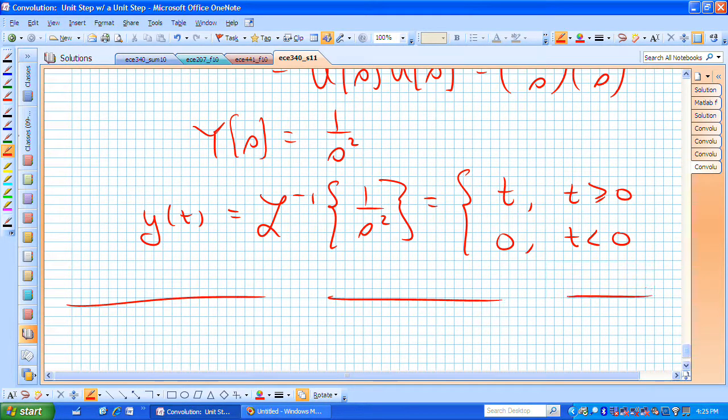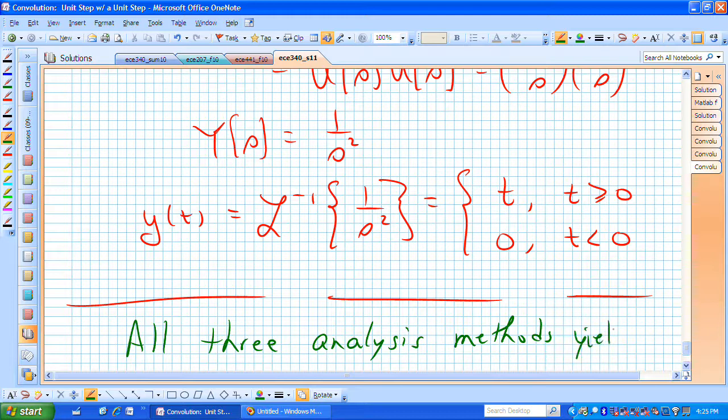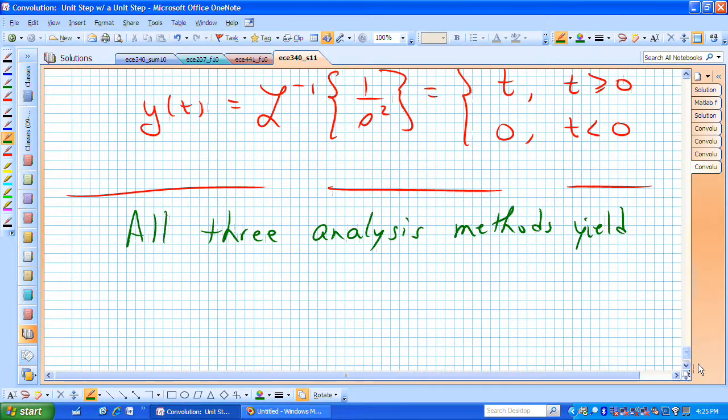We can conclude this session by saying that no matter how we found the final answer, y of t, either analytically or graphically or by going into the frequency domain, all three of those analysis methods yielded the same result, which is a good thing.